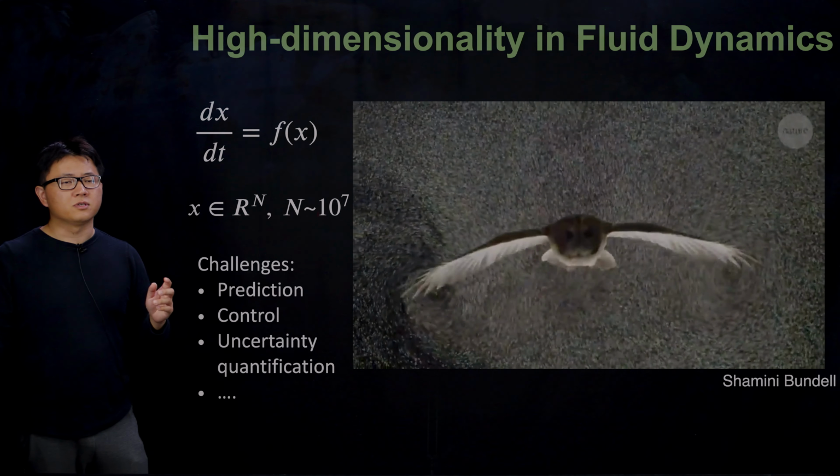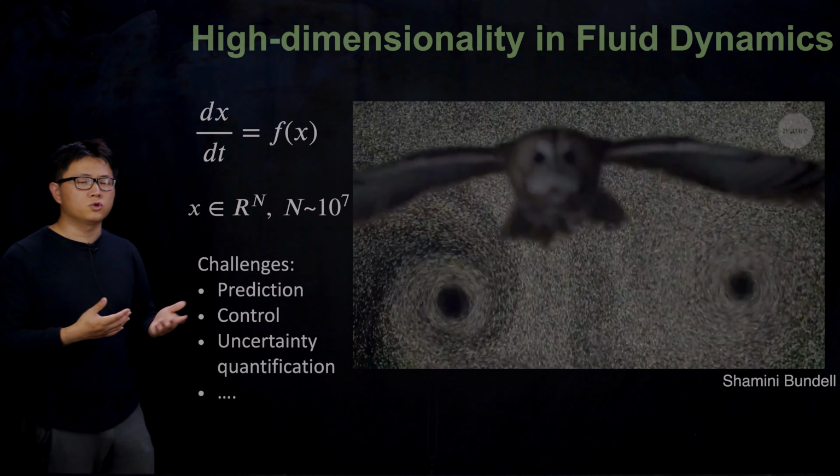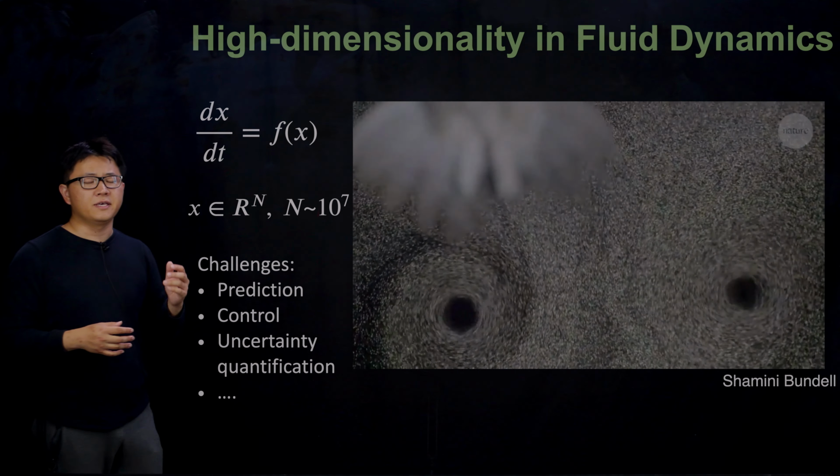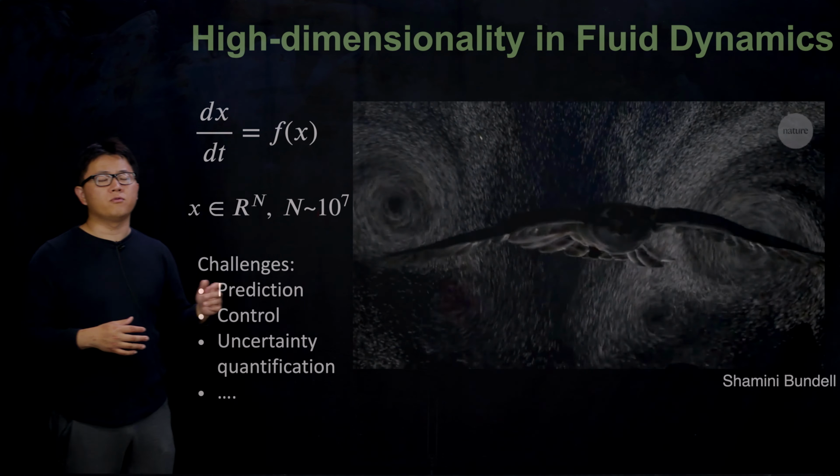So it actually induces many problems like predictions, controls, uncertainty quantification in a very efficient way, because we cannot really afford solving those high-dimensional nonlinear systems using traditional methods many times.